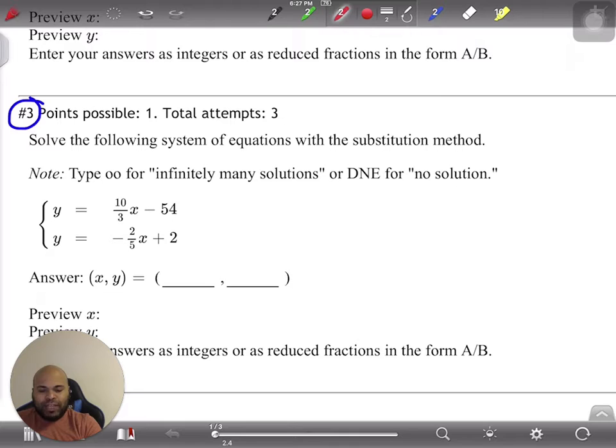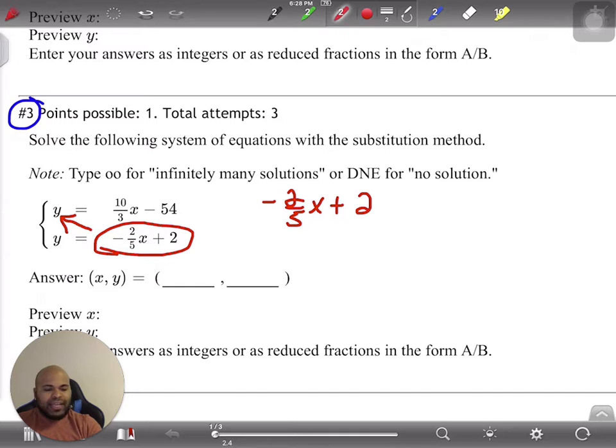Because when I plug in y into the other, I have to plug in what y equals. So then what I'm going to do is I'm going to rewrite. Instead of writing y, I'm going to write down negative 2 over 5x plus 2. And that equals 10 over 3x minus 54.